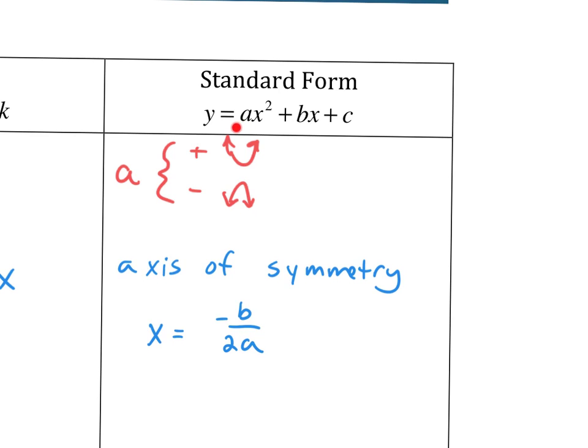Whatever a is, a is a 1, a is a 2, a is a whatever, that goes on the bottom. The b, whatever that b is, positive or negative, will go there. We always have to have an opposite in the front here. Sometimes we get a double negative, sometimes a triple. So this will help me find the axis of symmetry.